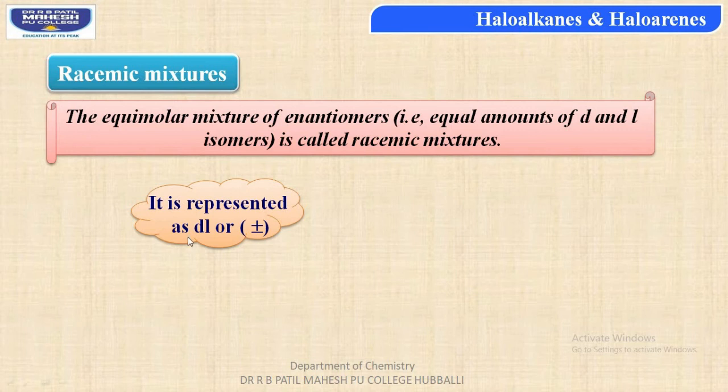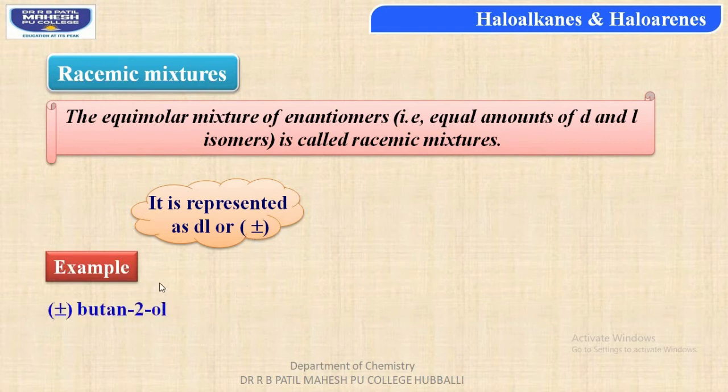Generally, it is represented as DL or with both the symbols positive, negative. Example, student, plus minus butan-2-ol. It is a racemic mixture which has equimolar concentration of both D and L isomers.